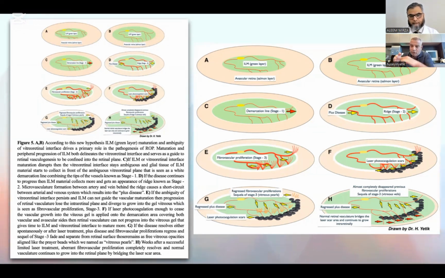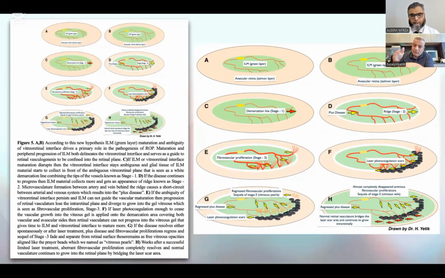When it cannot go through the epiretinal surface, then the vessels must turn into the vitreous. And what is defined as neovascularization is not neovascularization. I claim that it is the retinal network that should be at the retinal place, but is falsely established into the vitreous cavity.